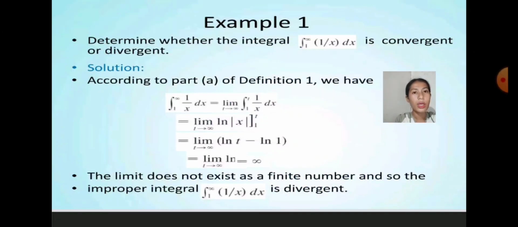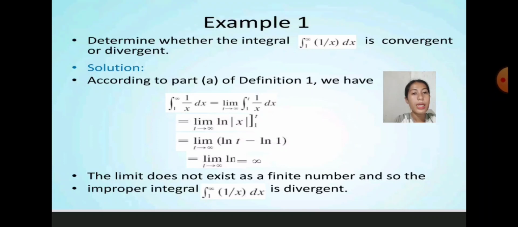Determine whether the integral of 1 over x dx from 1 to infinity is convergent or divergent. For the solution, by definition 1, we have the integral of 1 over x dx from 1 to infinity equal to the limit as t approaches infinity of the integral of 1 over x dx from 1 to t, which equals the limit of ln x from 1 to t, which is infinity.